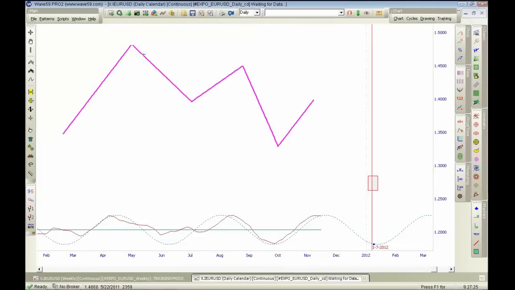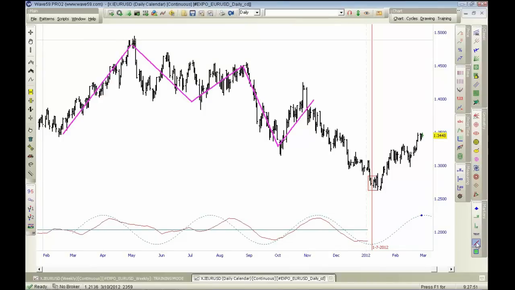And this gives you the information that this projected low was exactly on track for a valid low projection at the end of 2011. We just have to wait until your window updates this projection here.